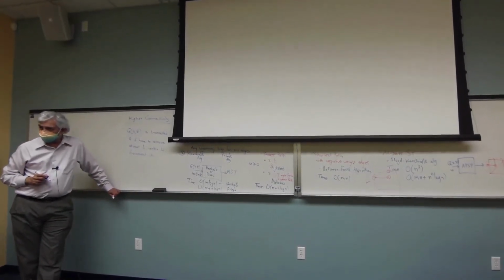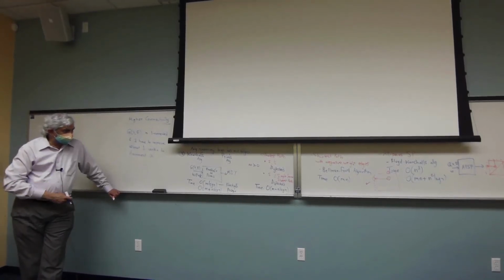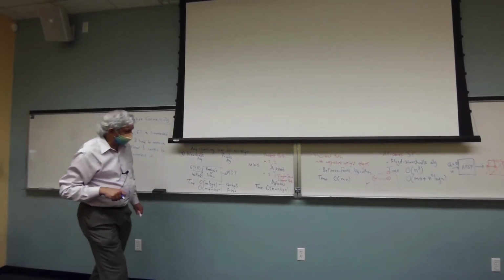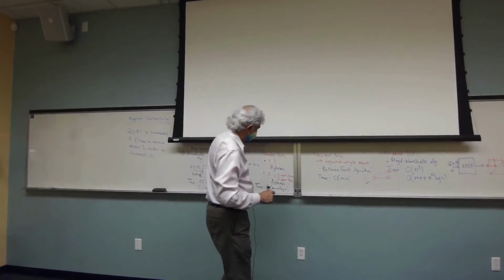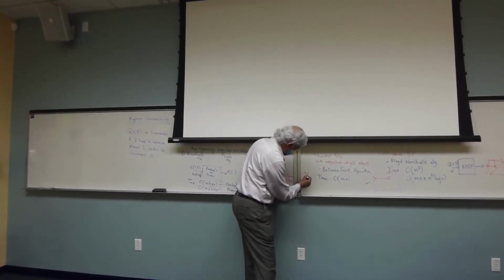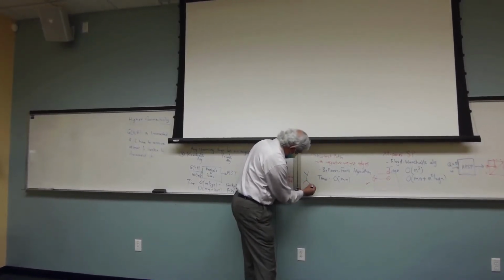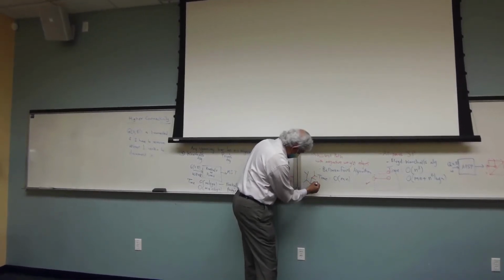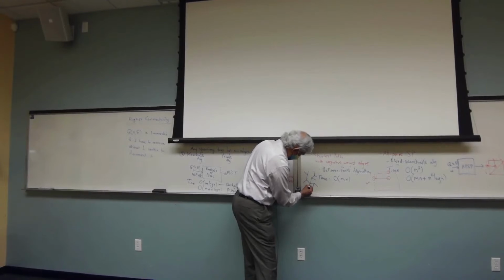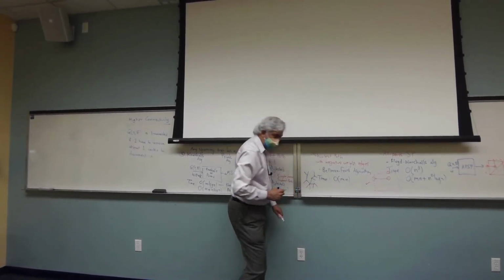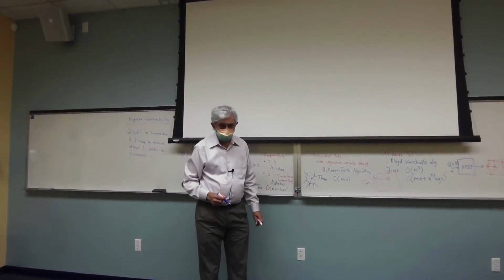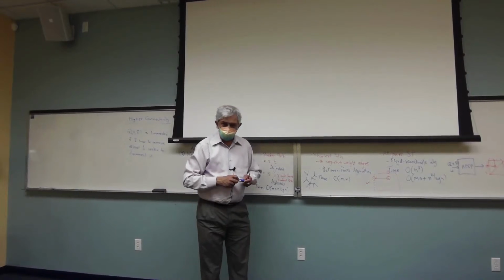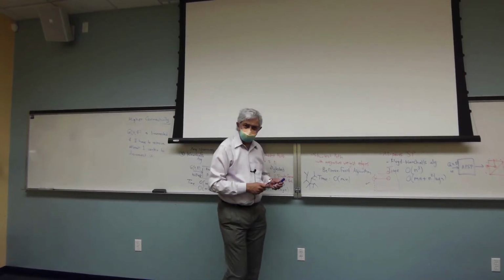Okay. Now we had a tree here somewhere which I erased. It looked something like this. In this tree, I can remove any vertex.